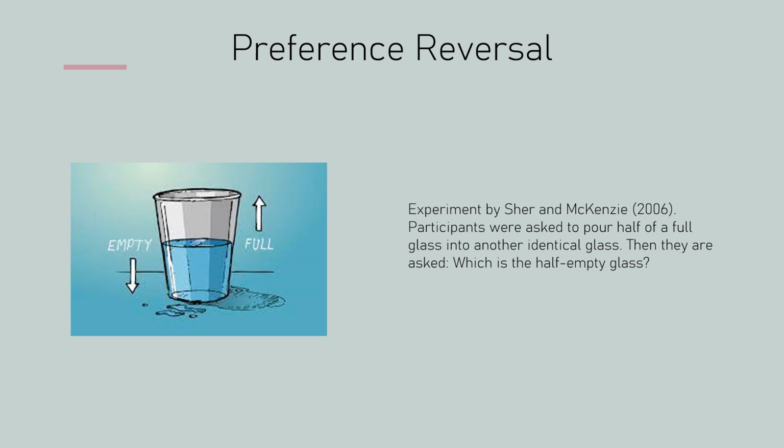And the reason for this, Gigerenzer says, is that people extract surplus information from the framing of the question. So here it's the history of the situation, that one glass used to be full, that people extract to answer the question meaningfully. One glass used to be full, and I poured half of it into the other, so that one's going to be the full glass.